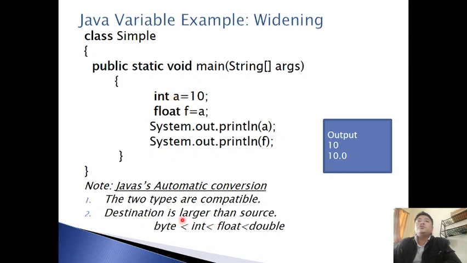So this is known as Java automatic type conversion. You can perform automatic type conversion from one data type to another, with some restriction: you should follow this rule.